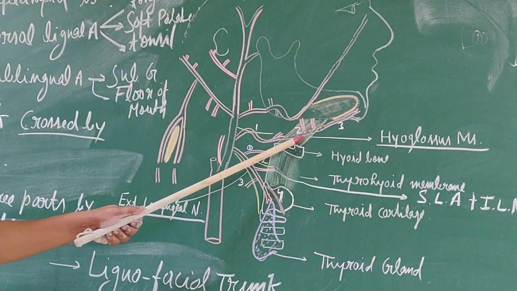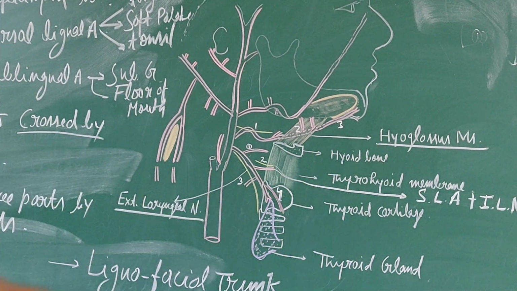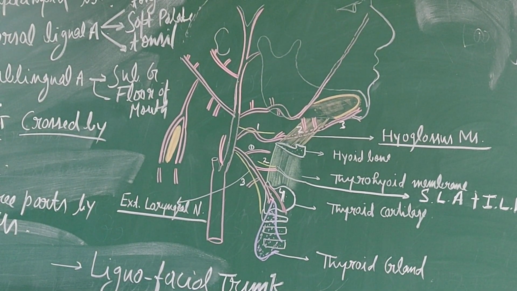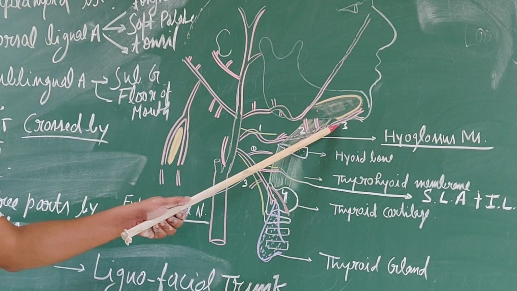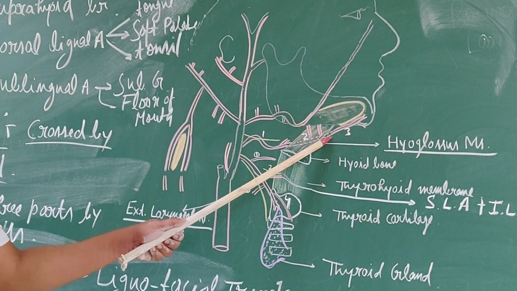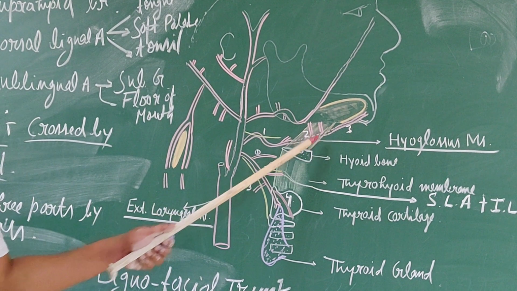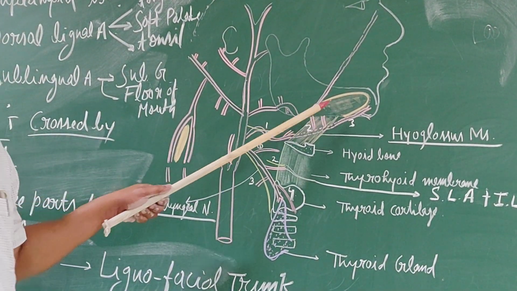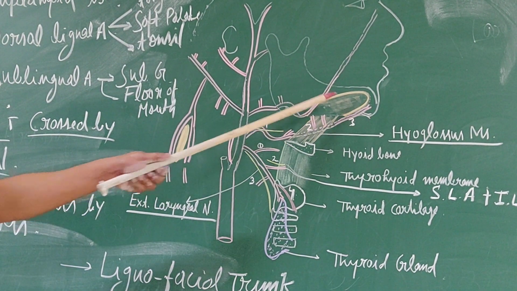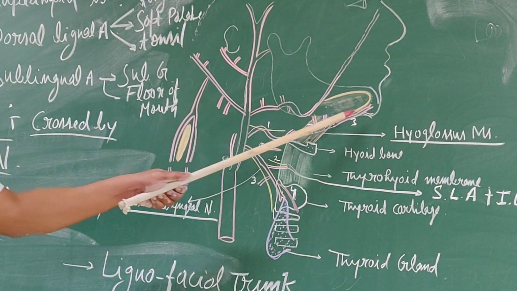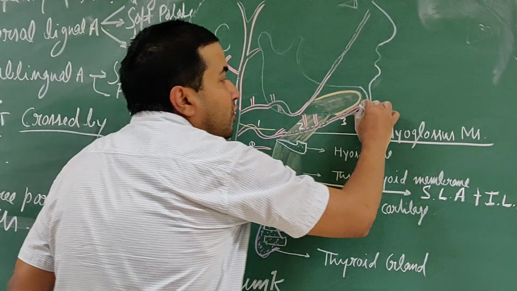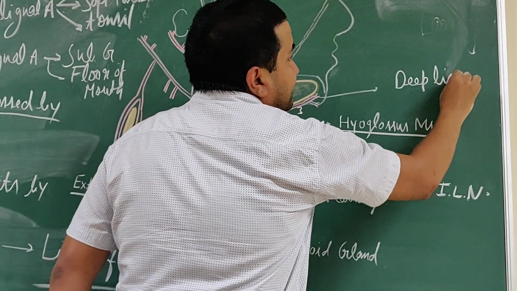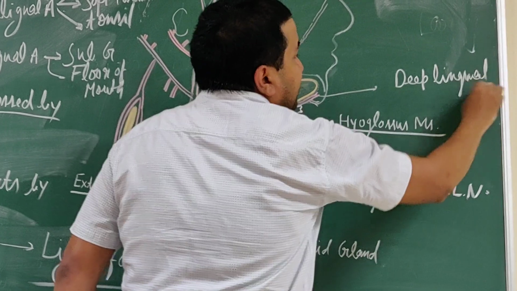The second part passes deep to the hyoglossus muscle and rests on the middle constrictor of the pharynx. The third part runs in front of the anterior border of the hyoglossus and rests on the genioglossus muscle, another muscle of the tongue. This third part is also known as the deep lingual artery.